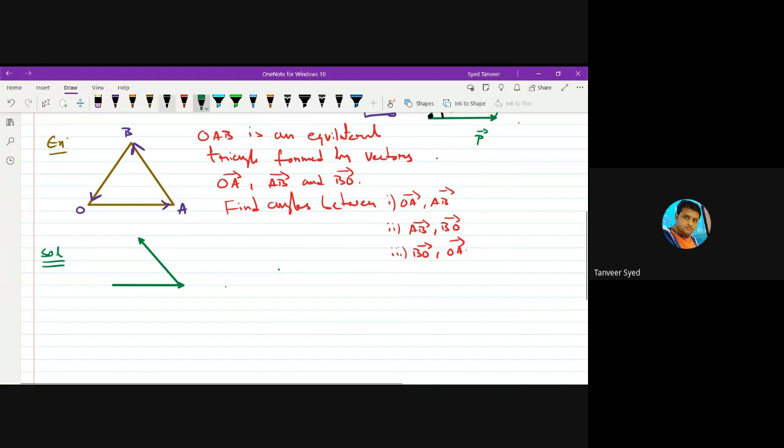Now can I say that angle between OA and AB is this angle, which is 60 degree? Sir, everything is 60 degrees here. Yes, equilateral triangle, all the three angles are 60 degrees. It's a tip to tail, sir.